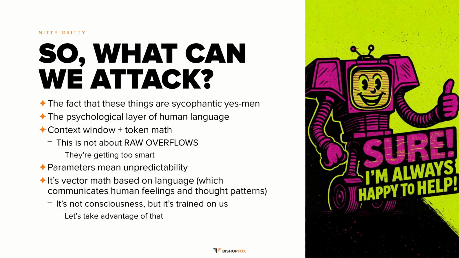Context windows are just how much the AI can keep track of at any given time, and that all plays into token math, which is how inputs and outputs in the AI layer are measured. But that's not about raw overflows, so you can't just shove 10,000 A characters into ChatGPT, because as time has gone on, they've been patched, the models get smart, and instead of breaking, they say, hey, it looks like you just threw 10,000 A's at me.